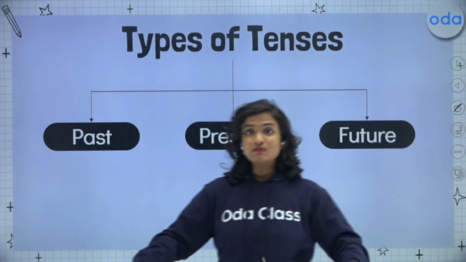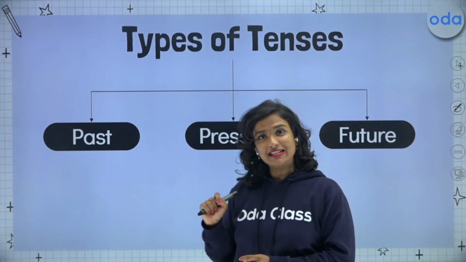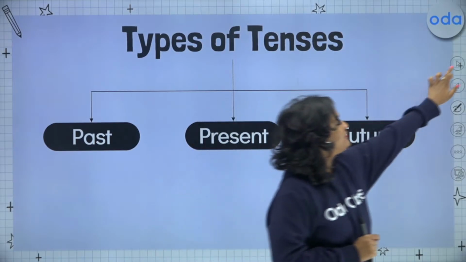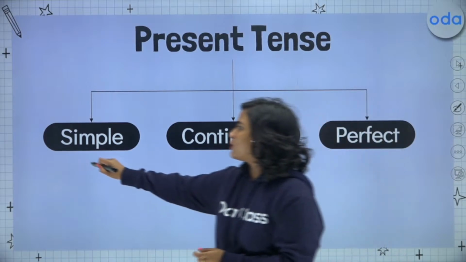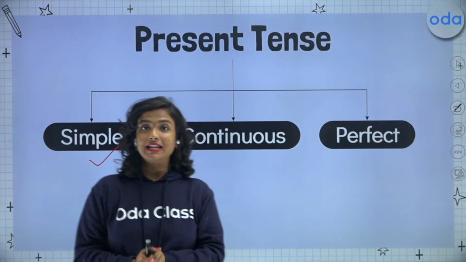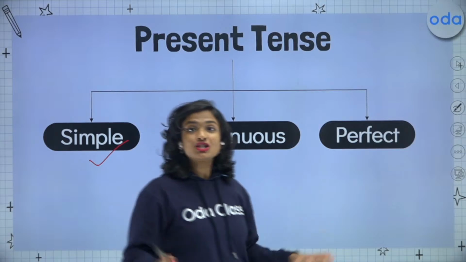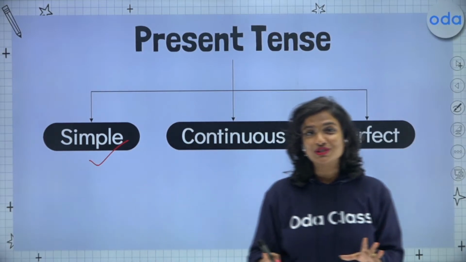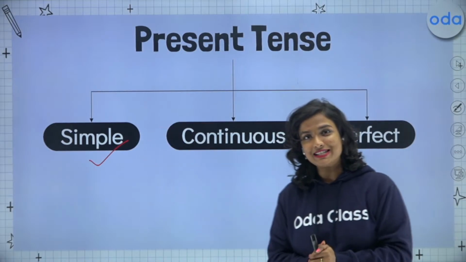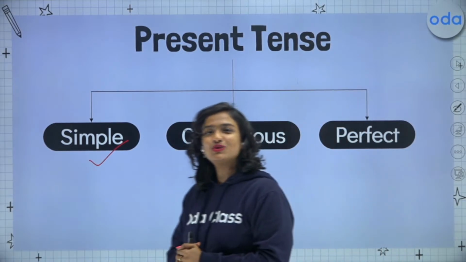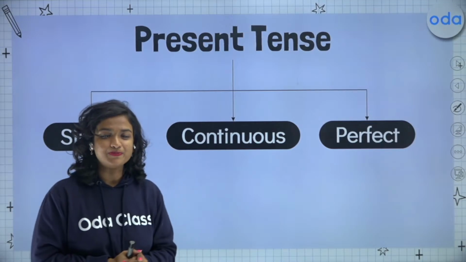Now, there is a lot more classification in each of these tenses. Today, let's focus on the present tense, and specifically the simple present tense. Each of these tenses has lots of uses, which is why in today's video, we will only cover the simple present tense. For the other tenses, you can come watch the rest of my videos.